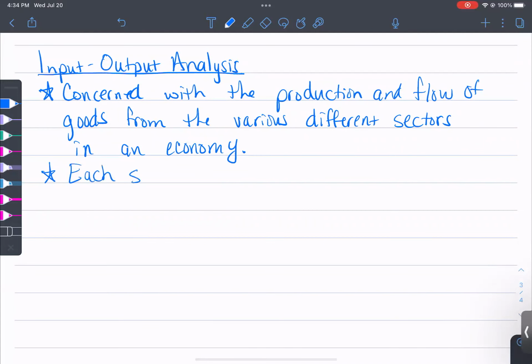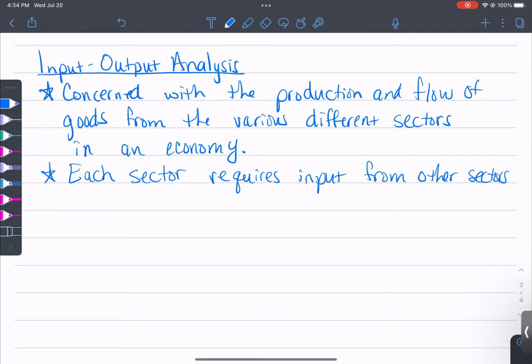Each sector requires input from other sectors and sometimes from itself to produce its output.